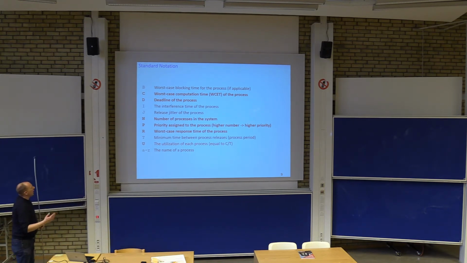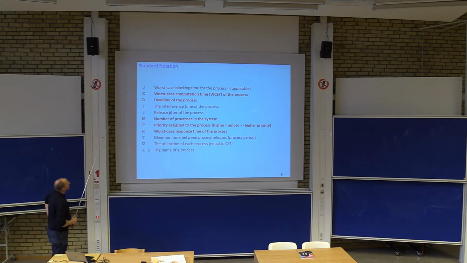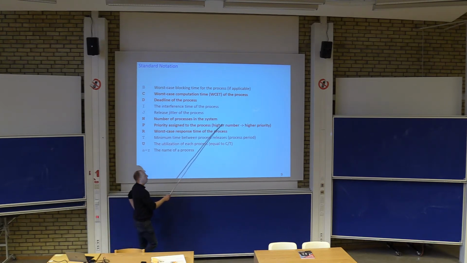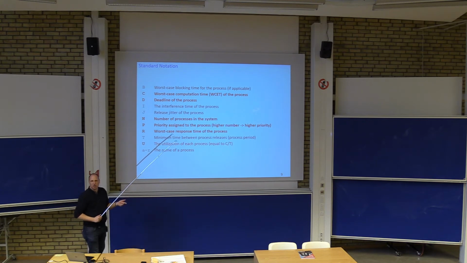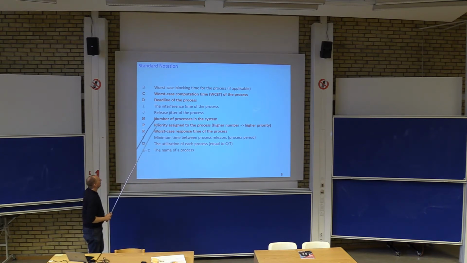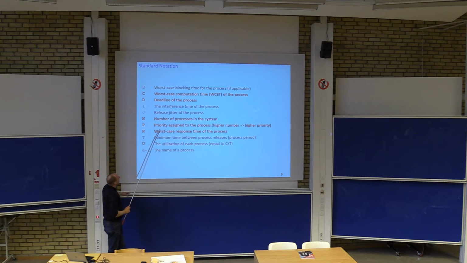Okay, so then we will have some notation here for the examples that we will present. We will assume that we have n processes or tasks in the system. We assume that each task will have a priority, and that a higher number will mean a higher priority. It's exactly as it's done in FreeRTOS. So the idle process has the lowest priority, priority 0, and then all other processes have a higher priority.